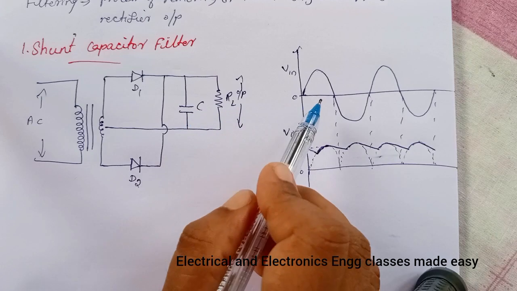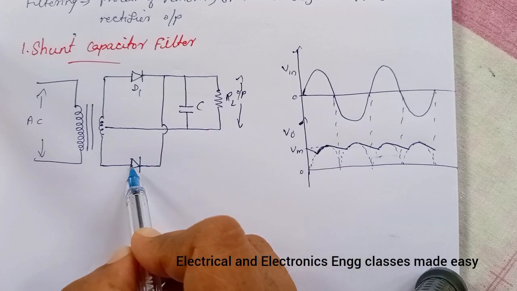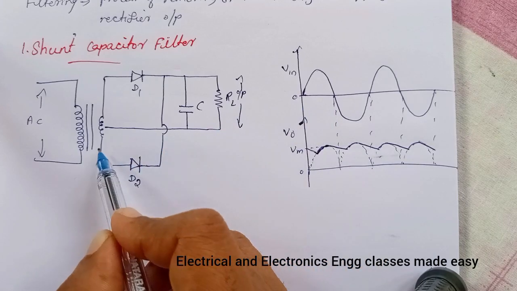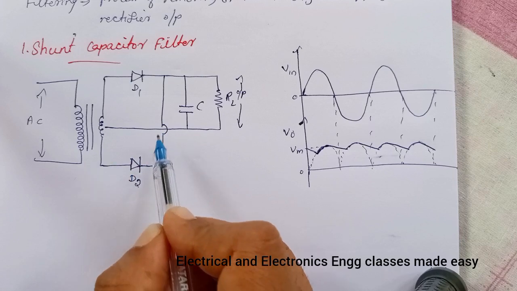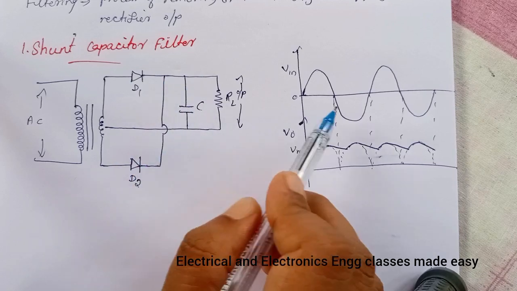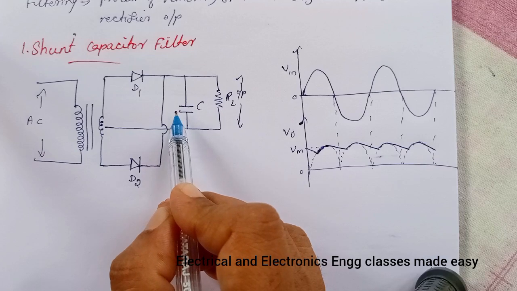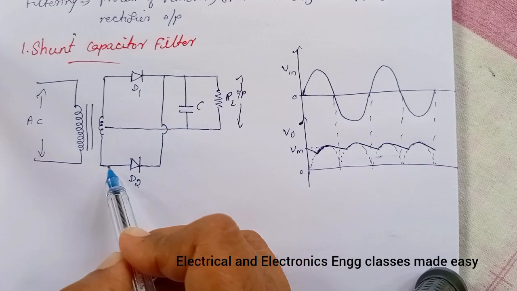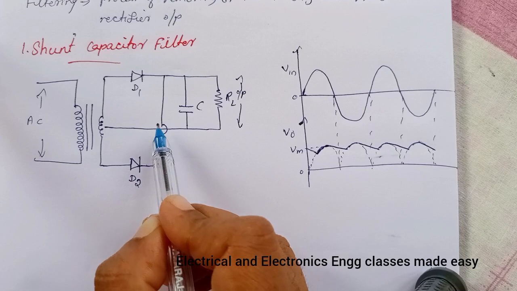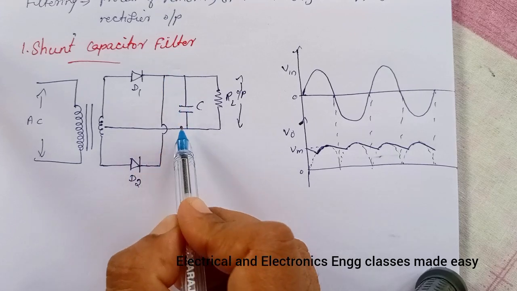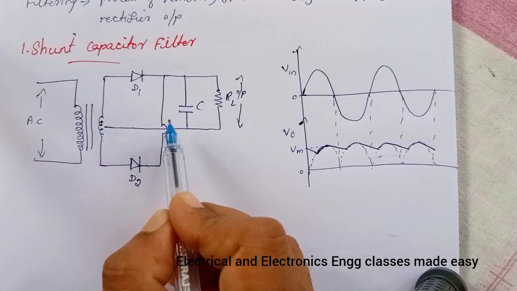When the rectifier output rises, that is, again this one will be conducting, the capacitor charges to its peak again. That is, during the negative half cycle, the capacitor charges again in this way.